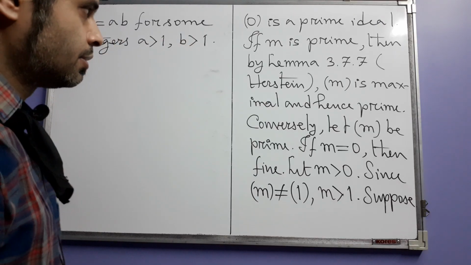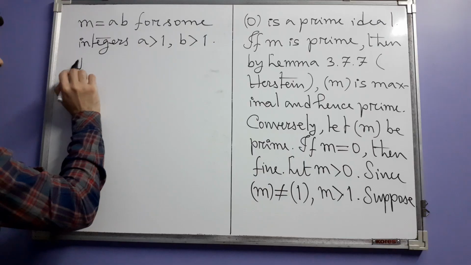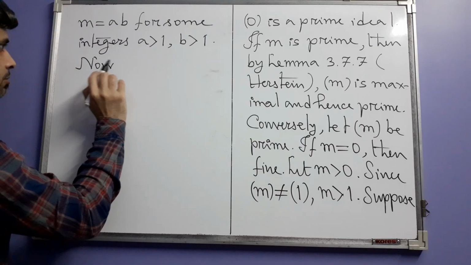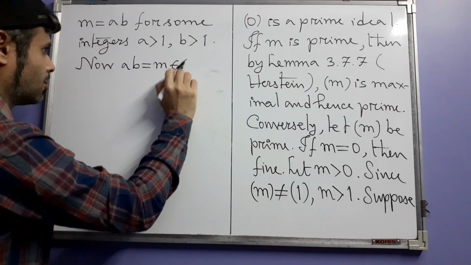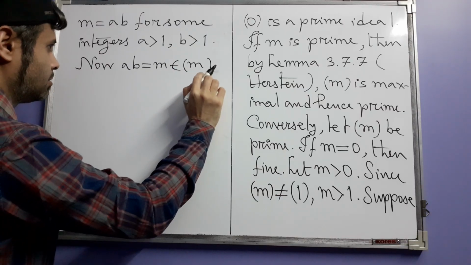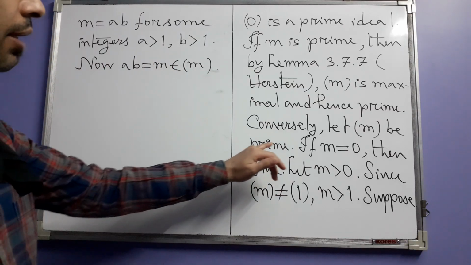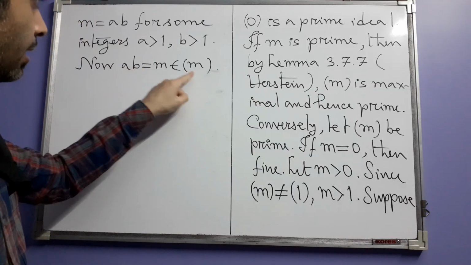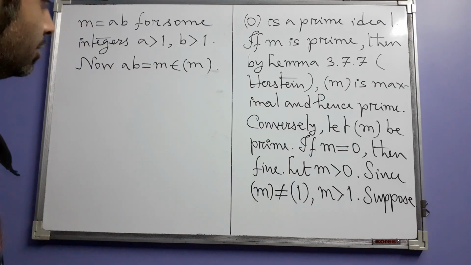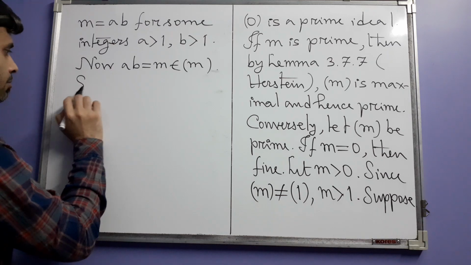Okay, now what is ab? ab is m, and obviously this belongs to the ideal generated by it. And what is our hypothesis? That this is the prime ideal. So either a has to be in this ideal or b has to be in this ideal.